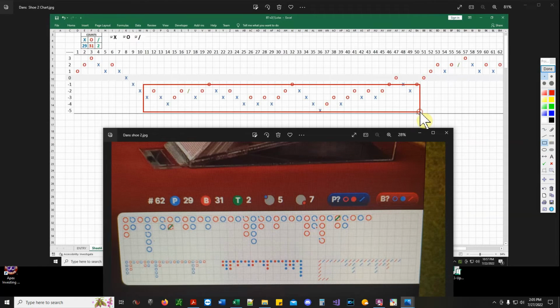This almost looks similar to the first shoe we looked at. Like the last technique I showed you, constantly bet player, because you're on the minus side of 0. Okay? Let's play it out. Let's see where we end up here.